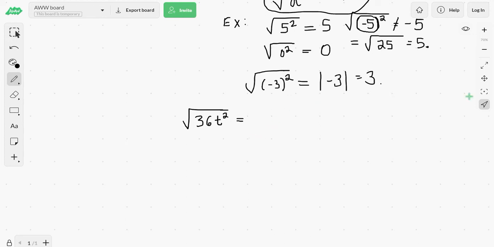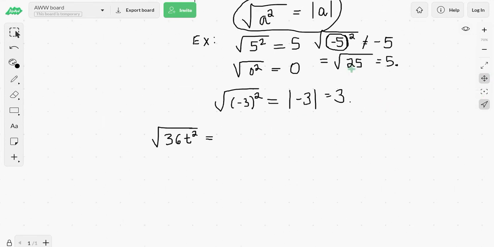So what we do is we apply the same rule we just learned. The square root of something squared is just the absolute value of a. So we just really need to rewrite this so we can recognize it as a square. So I can say this is the same thing as the square root of 6t all squared.